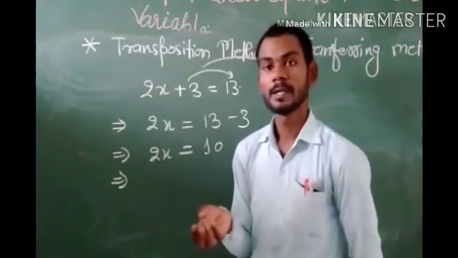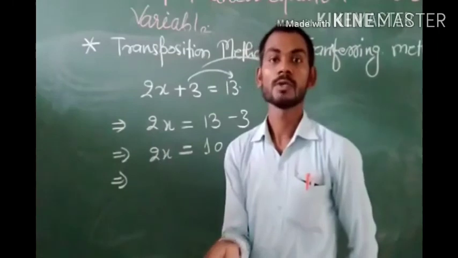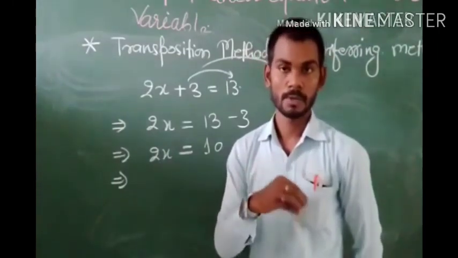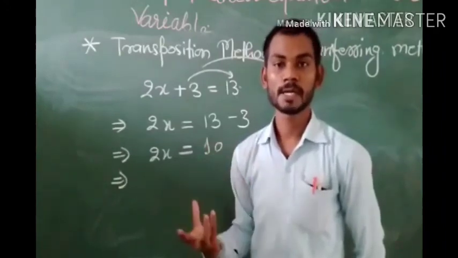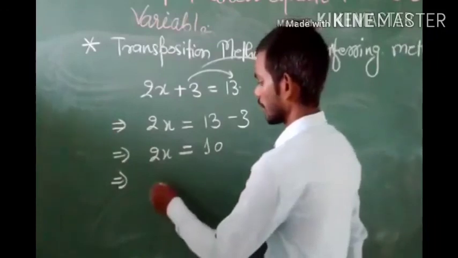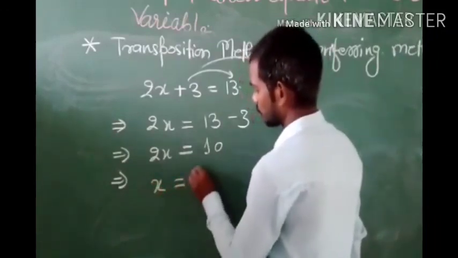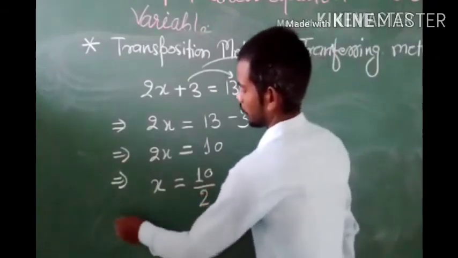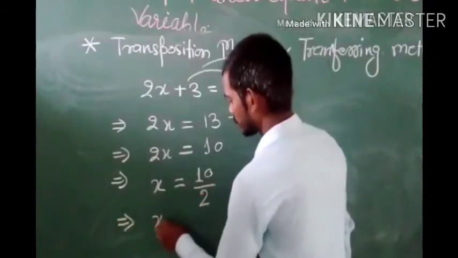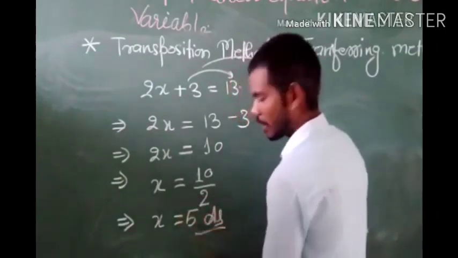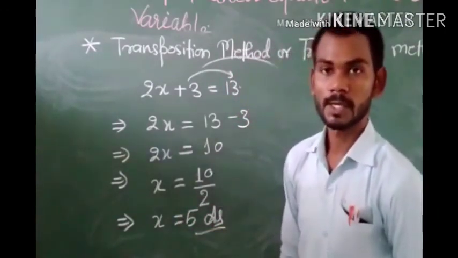As we know, when a multiplier goes to the other side, it becomes division. So we have x is equal to 10 divided by 2. We get x is equal to 5, which is the required solution of the given question.